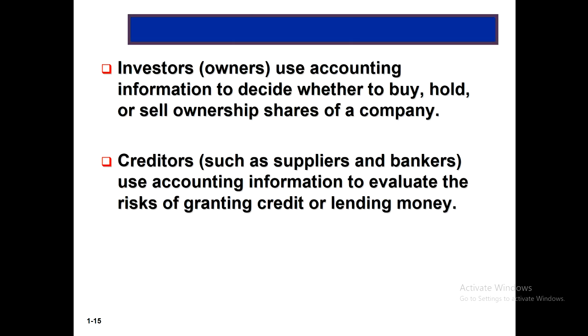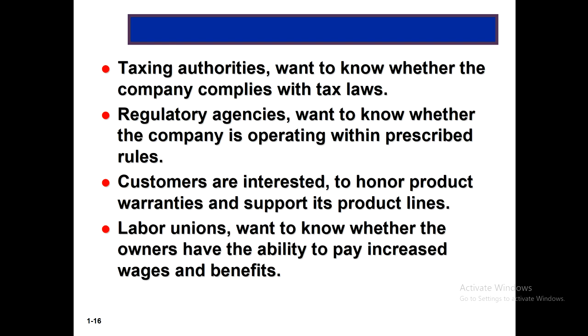Here, why do the investors use this accounting data? They use the accounting information to decide whether to buy, hold or sell ownership shares of a company. Creditors such as suppliers or bankers use the accounting information to evaluate the risks of granting credit or lending money. Besides these, taxing authorities, regulatory agencies, customers, and labor unions are interested in using this accounting data externally.